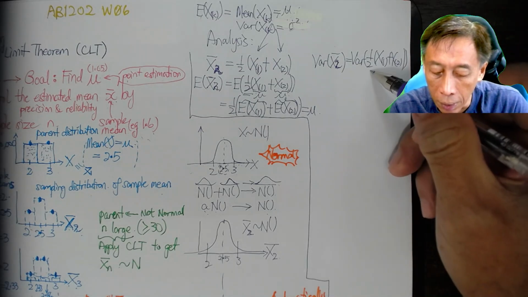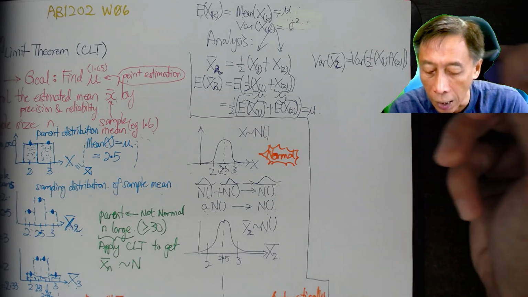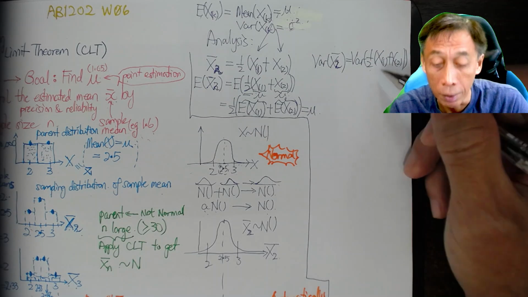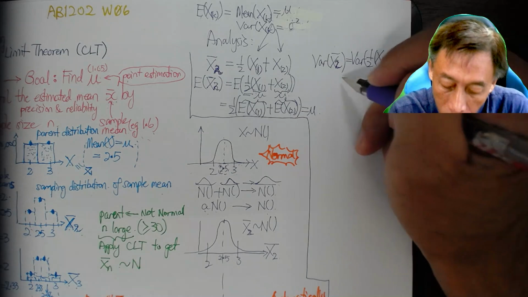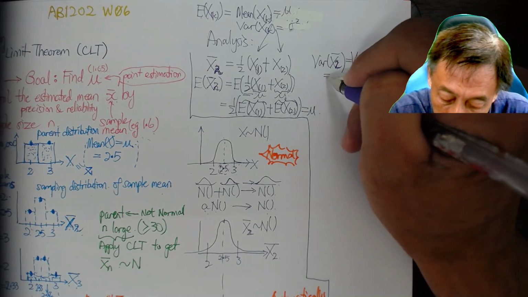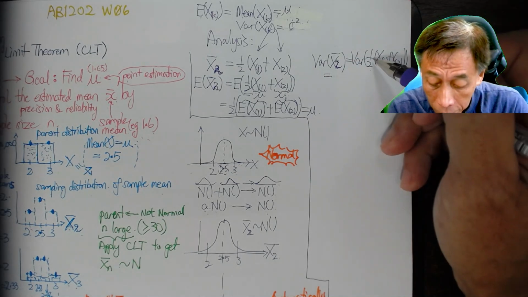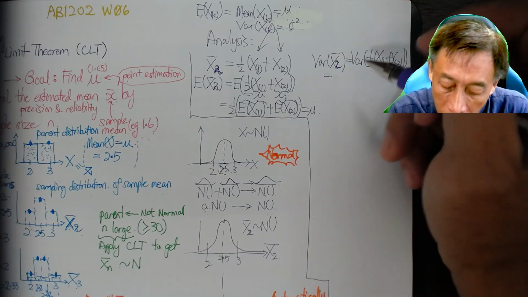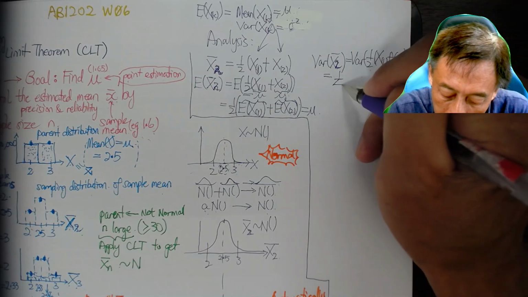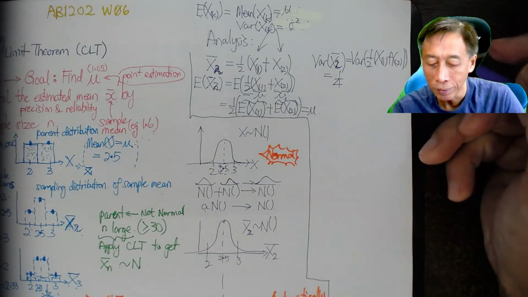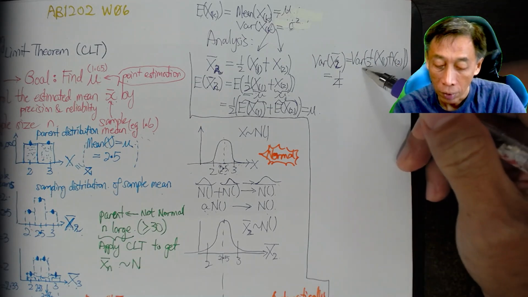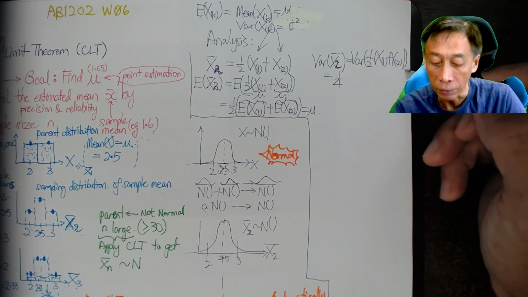Now remember that when we bring out the constant, we can first split them. So variance, we can take out the constant, and that would give us 1/4 because we're going to square the half, and that leaves us with variance of x1 plus variance of x2.